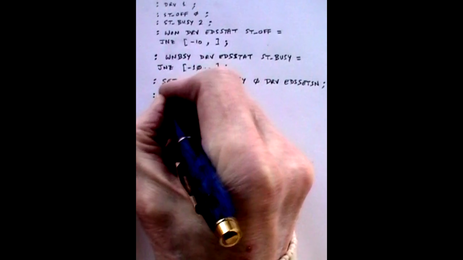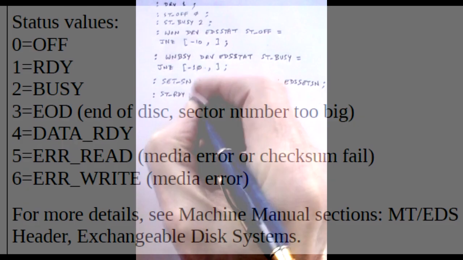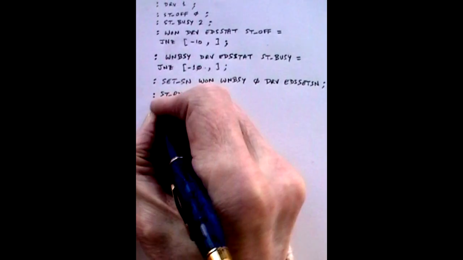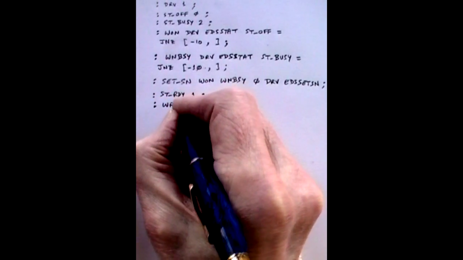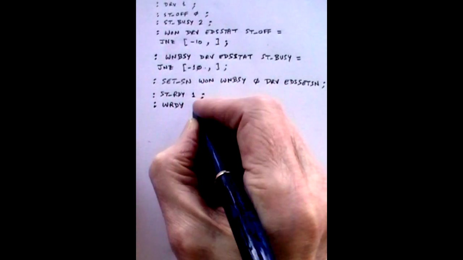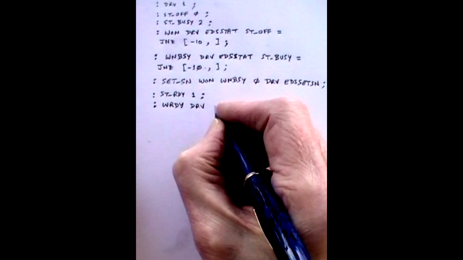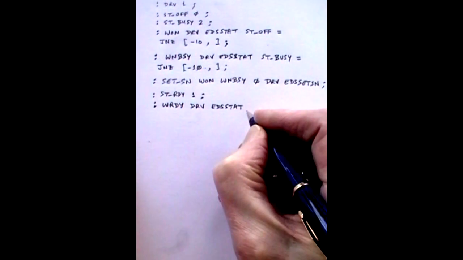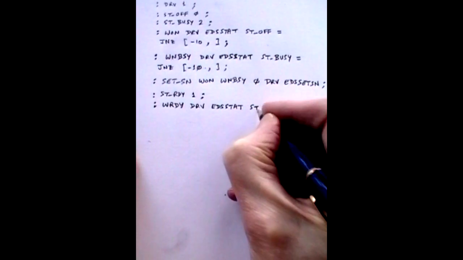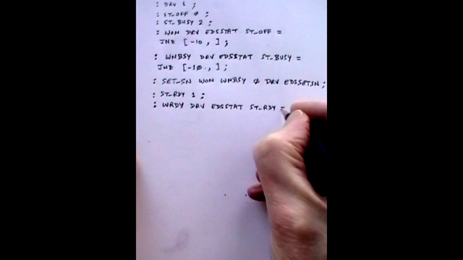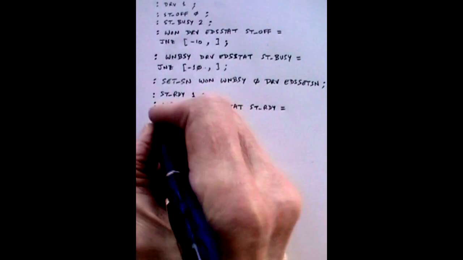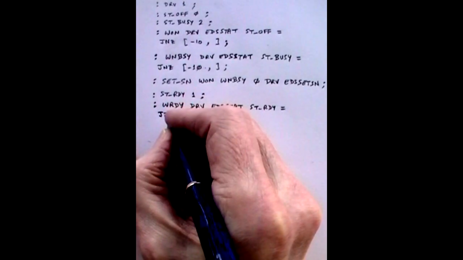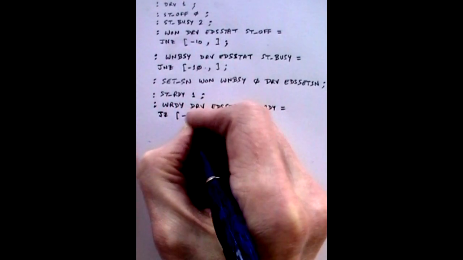We'll just say status ready from the spec is a value 1, and a routine that says wait ready, drive number, EDS status, and we'll compare it with status ready. And if it's not, it jumps back -10.